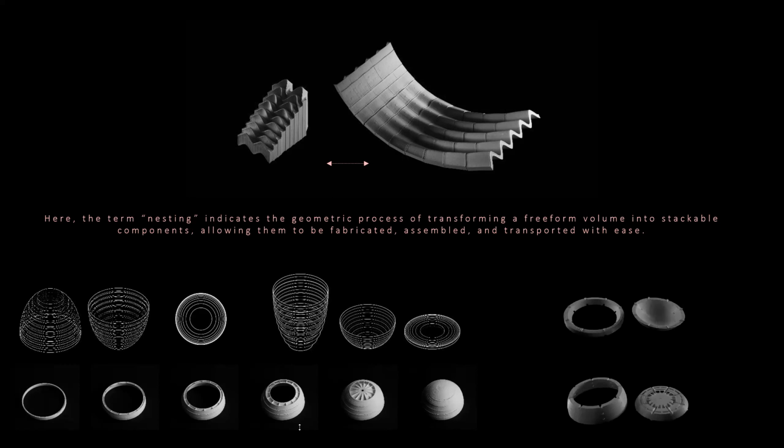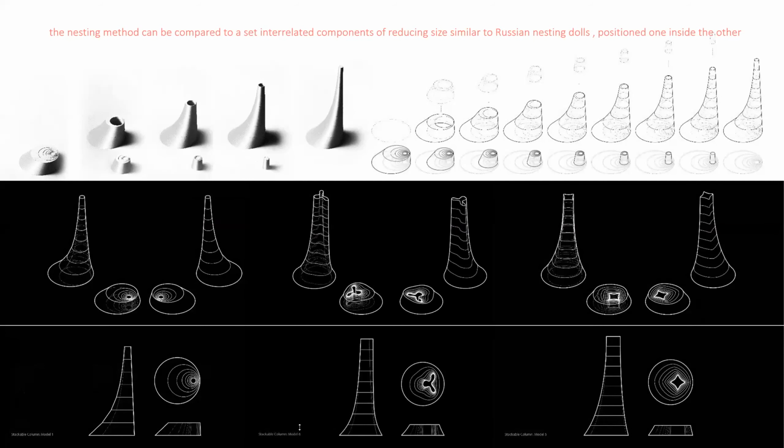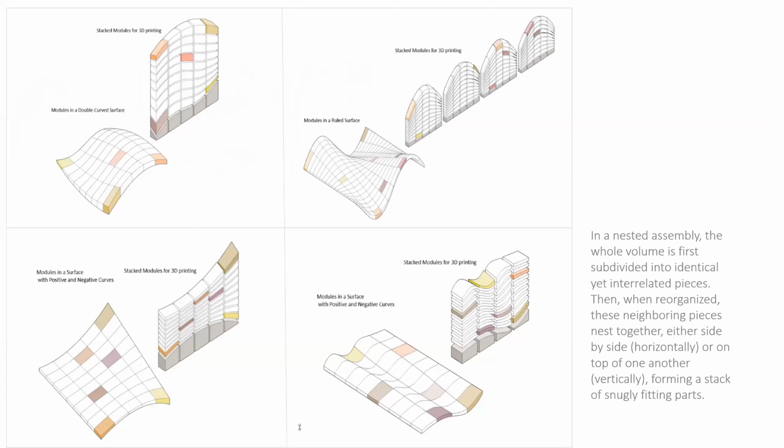So we have smaller tools for fabricating larger things, and we can almost produce any type of complex surface through a stack of material, instead of printing large-scale 3D surfaces.